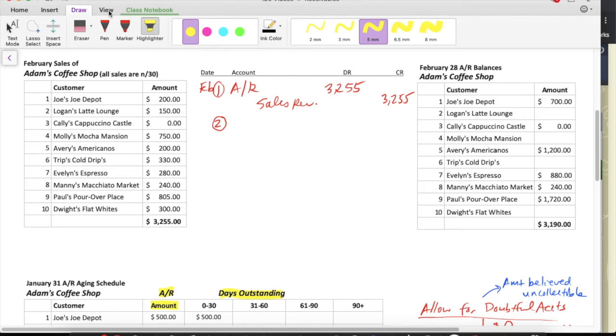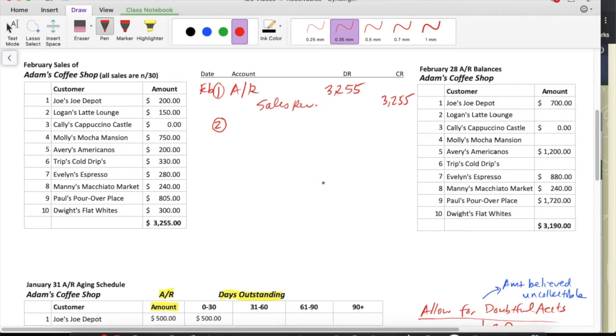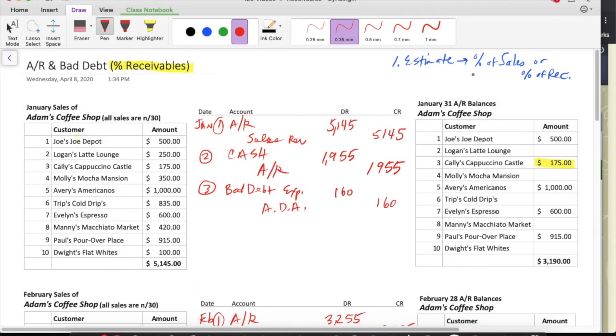We determined that she went bankrupt. She's not going to pay us. So what do we do? Again, we said the process is to first estimate, and second, once we determine specific customers who are not going to pay us, then we write off their accounts.